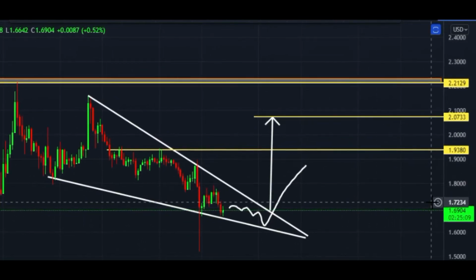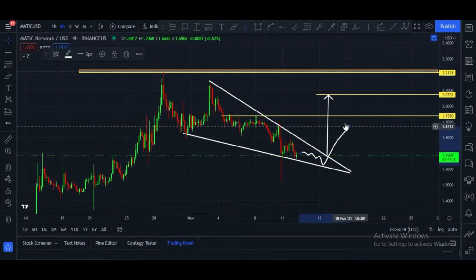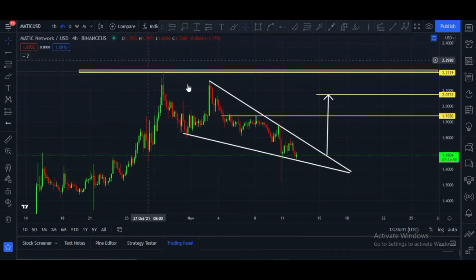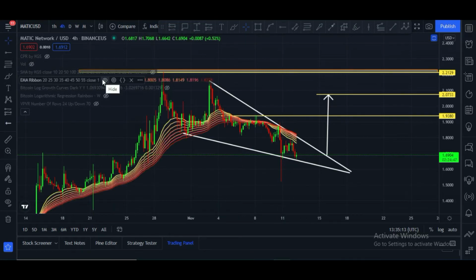These are immediate short-term targets, and Matic can hit them after breaking this descending triangle. Let me show you volume. First of all, the volume is missing. We need strong volume, but unfortunately volume is missing. That is why Matic is on the downside.